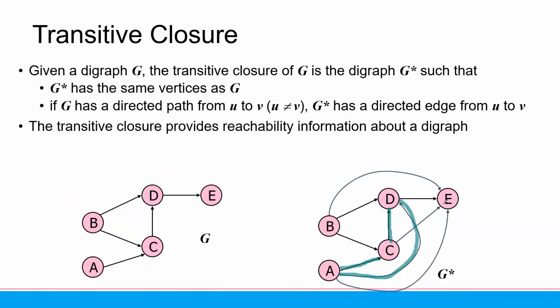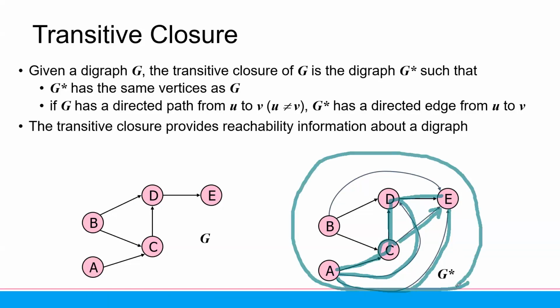From A to E, I can go from A to C, C to D, D to E. So I can create an edge from A to E. So this is only the directed edge. And what about C to E? Okay, we can go from C, D, E. So we can create another directed edge from C to E. Because this is G star, we want to find all the possible reachability information.